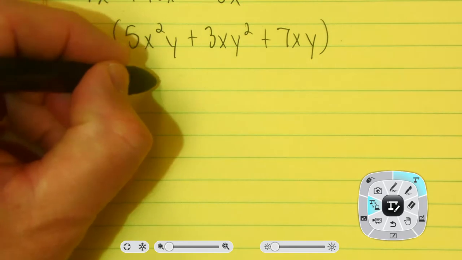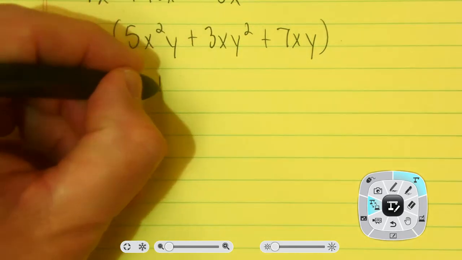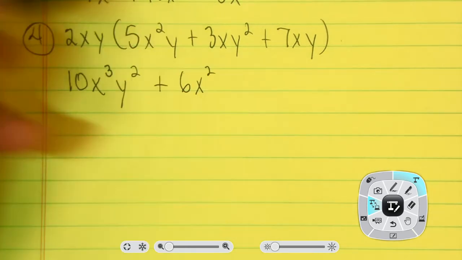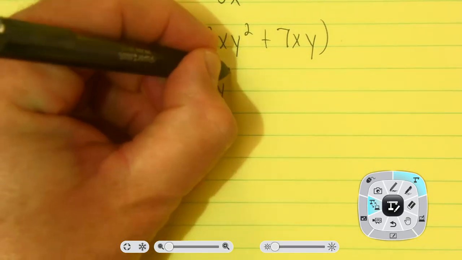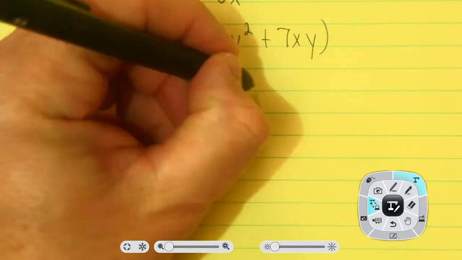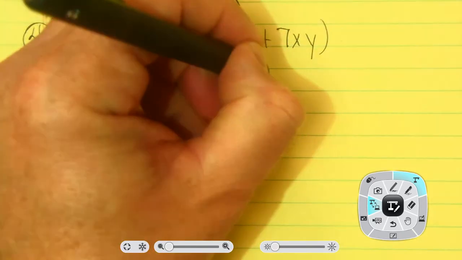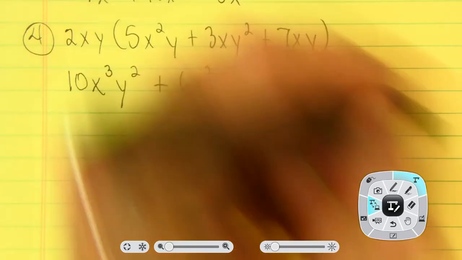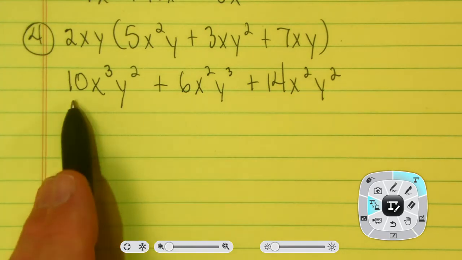For the second term, it's going to be 2xy times 3xy squared. So that's 6x squared y times y squared, y to the third. And finally, 2xy times 7xy will be 14x squared, y squared. This has a degree of 5.